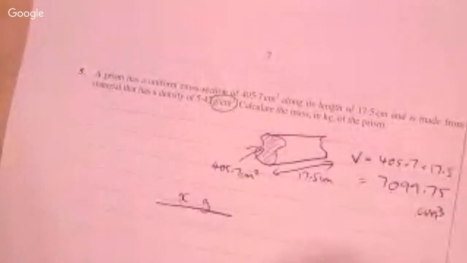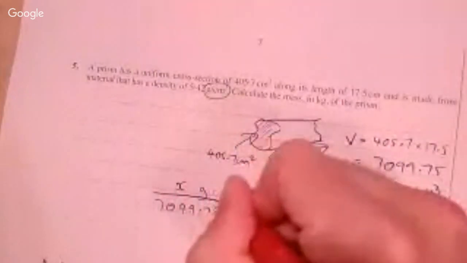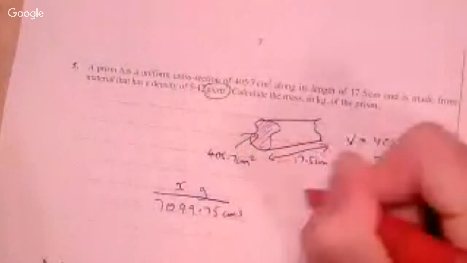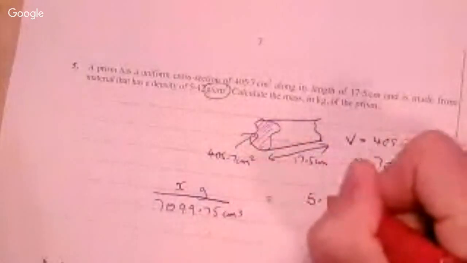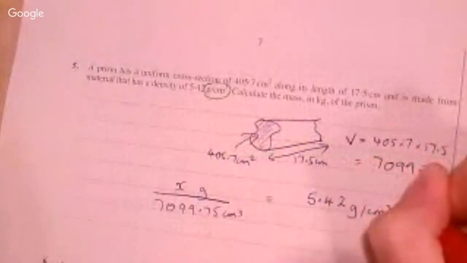So I don't know how many grams it was, so I'm going to say x grams divided by, I do know how many centimeters cubed it was. It was the answer I've just found, 7,099.75 cm cubed. And that has given me the answer 5.42 grams divided by cm cubed.